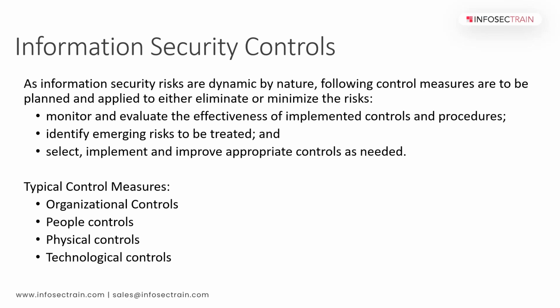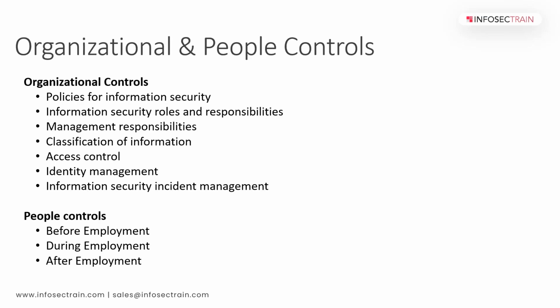When we go for control measures, they have been categorized into 4 types based on their nature: organizational controls, people controls, physical controls, and technological controls. So when we say organizational control, you are going to come out with a policy, a set of rules, and roles and responsibilities.